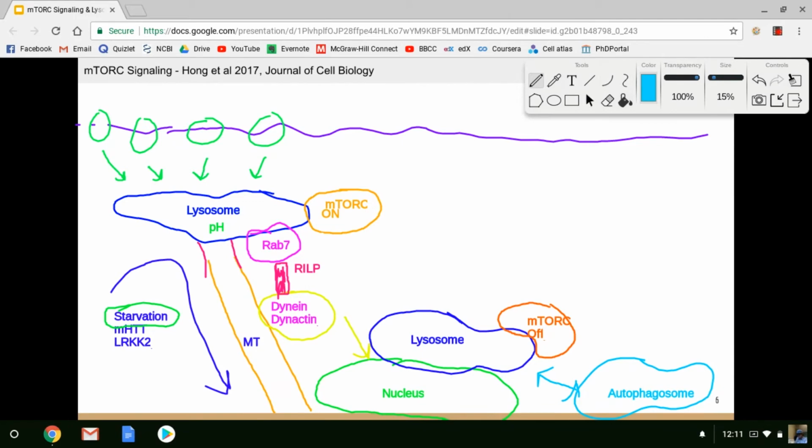If the retrograde transport of these lysosomes doesn't happen, they typically can't find their autophagosomes, and they don't fuse, and autophagosomes are stuck around the nucleus, not being able to degrade their contents because they can't find the lysosome. So another consequence of mTORC turning off is it detaches TFEB.